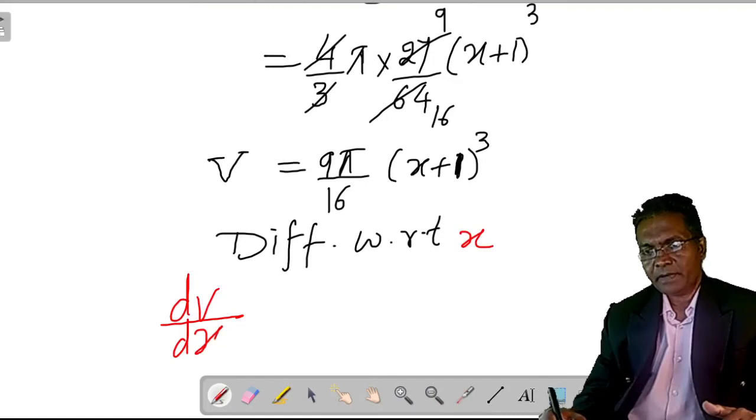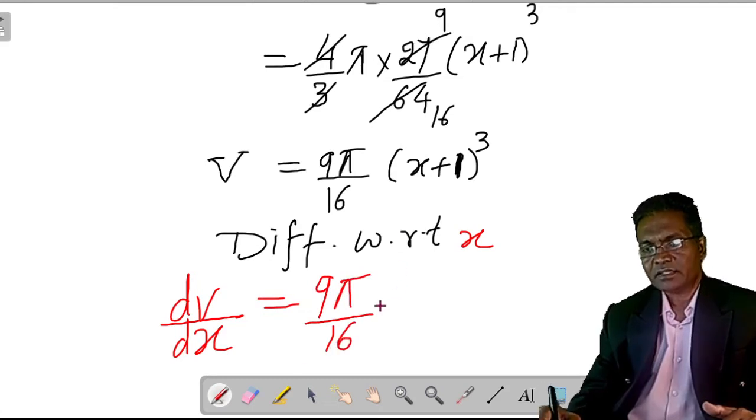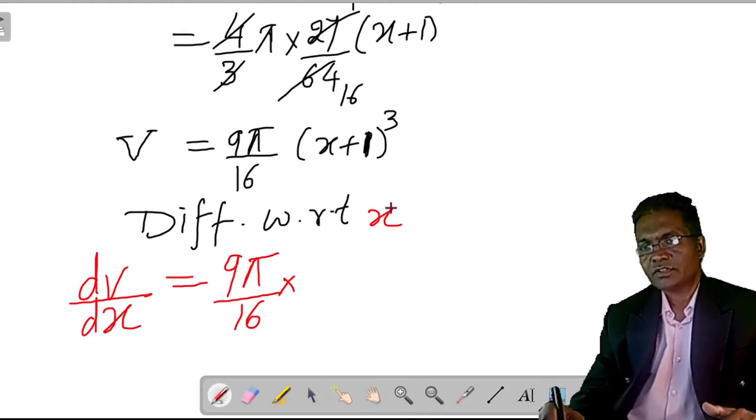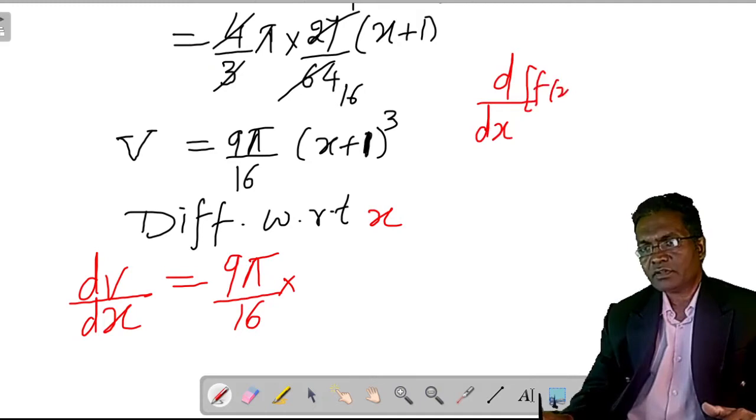So dv by dx equals 9 pi by 16. Tell me the derivative of this, of the form f(x) power n. I will tell you again: d by dx of f(x) power n is n into f(x) power n minus 1. You have to reduce the power by 1.